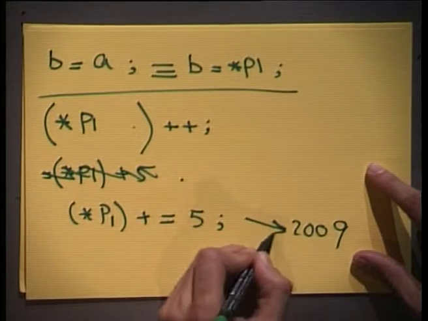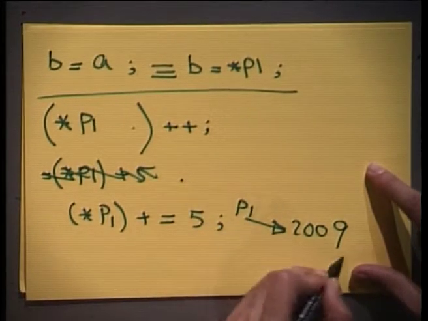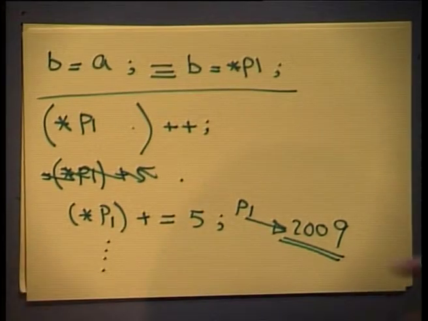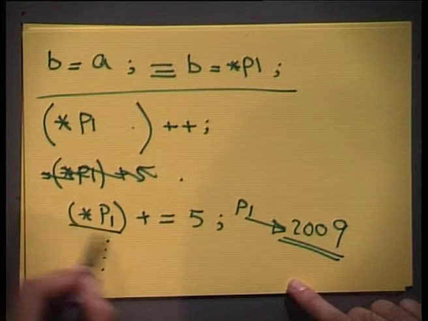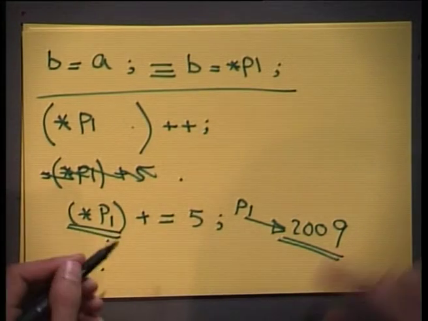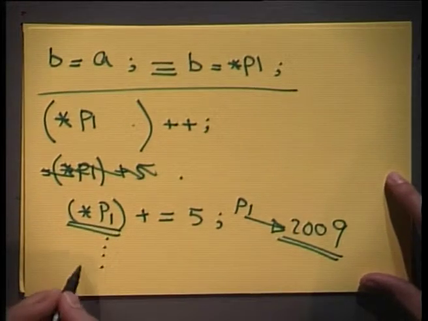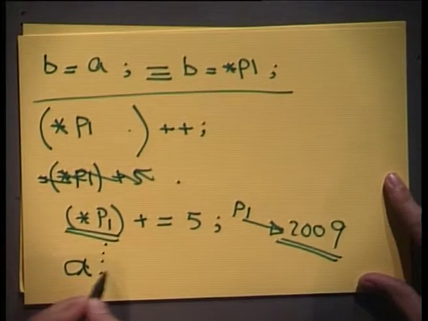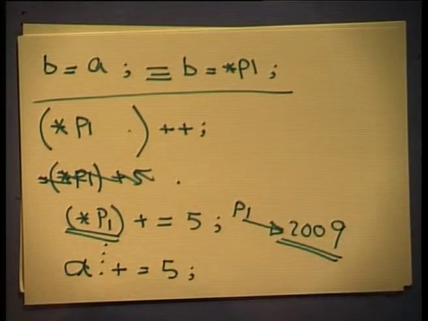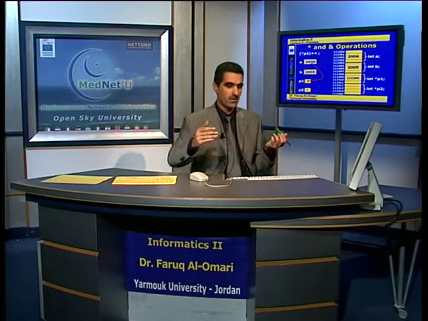So P1 is going to be pointing to data 2009. And any other statement, any other valid statement actually in C can be performed using the variable star P1 or the pointer P1. Okay? This is actually equivalent to saying something like A plus equal 5. That's like adding 5 to the contents of variable A.